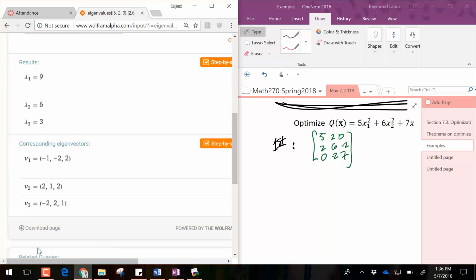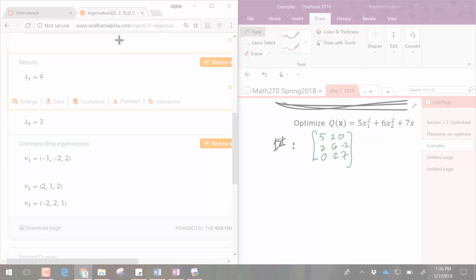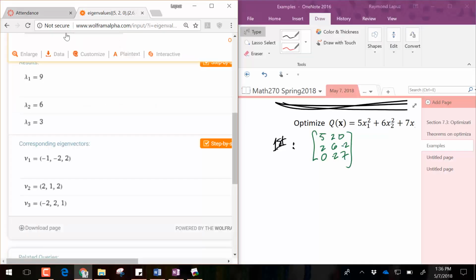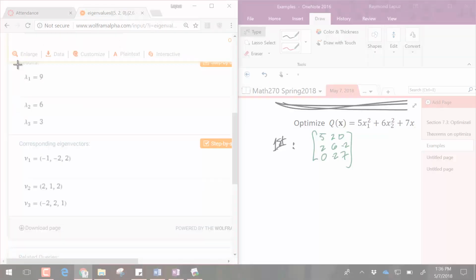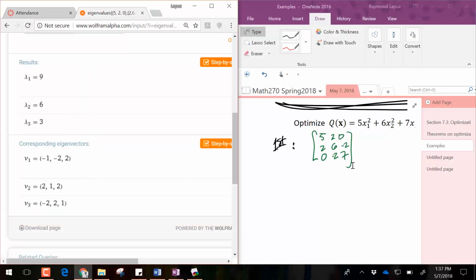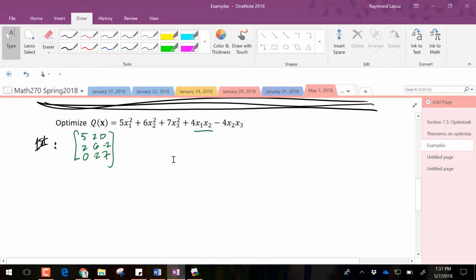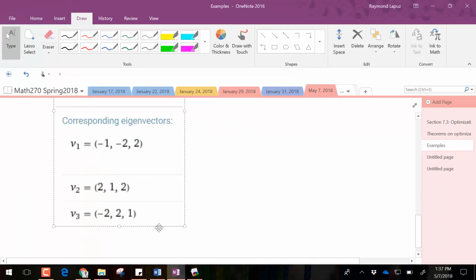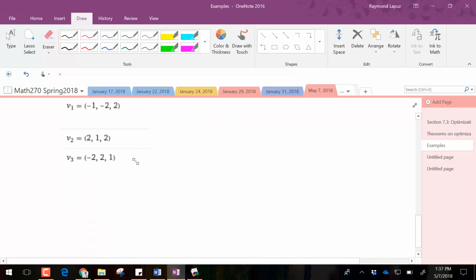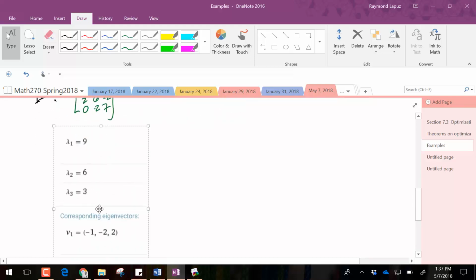And these eigenvectors, you should double check them. This is coming from a symmetric matrix, so it should already be shown that these eigenvectors are all perpendicular, or all orthogonal.